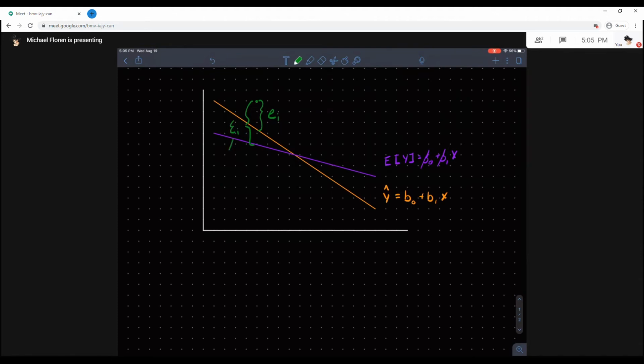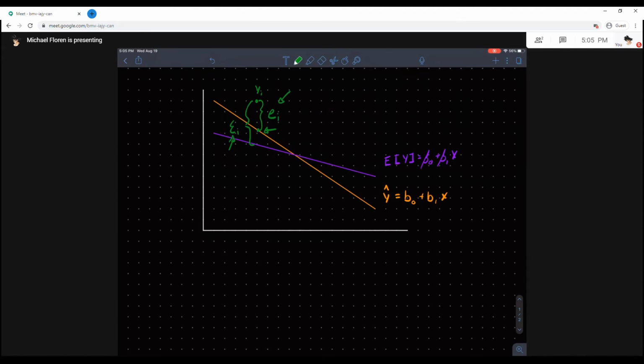So our epsilon, our error, our e, the residual, come from the distance between the actual data point, y sub i, and the predicted data point using the orange equation.